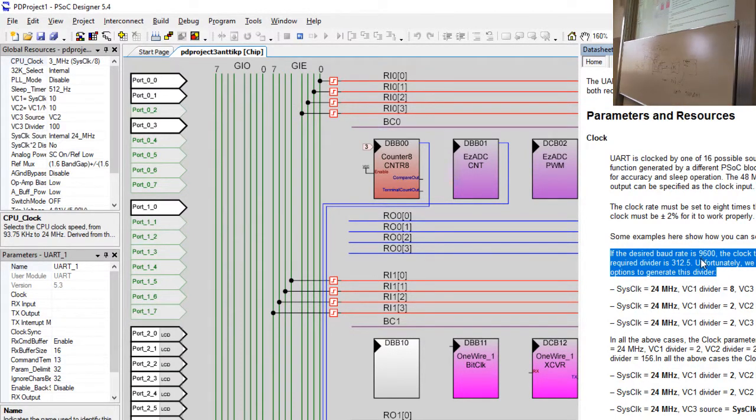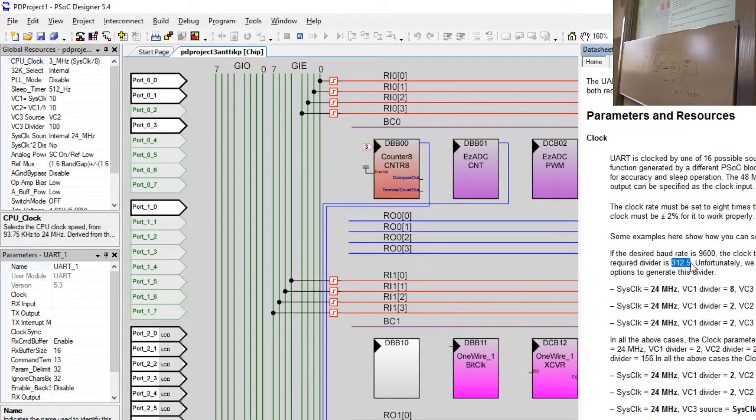As you can see, the divider for the 24 megahertz should be 312.5. We cannot take 0.5 divisors for the clock. Actually, we can, using the double clock, 48, but let's not go that way.